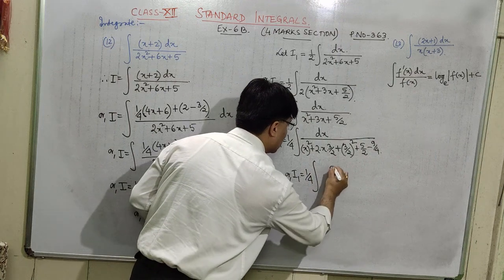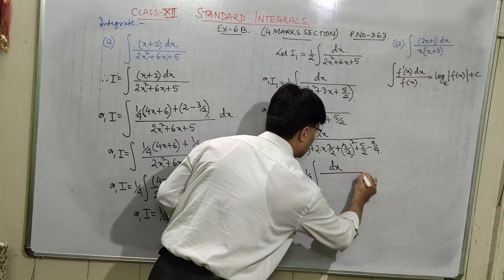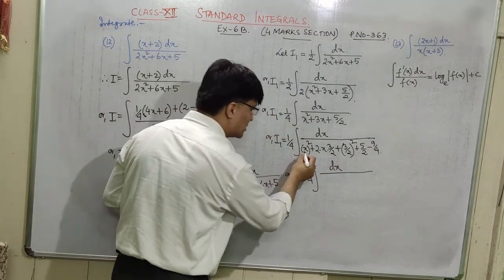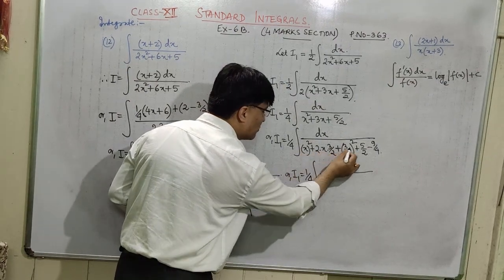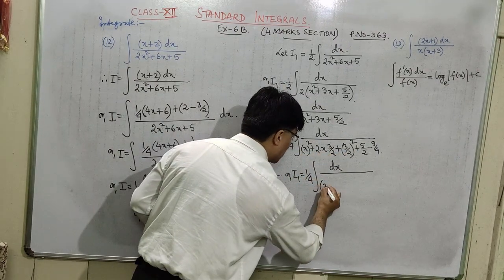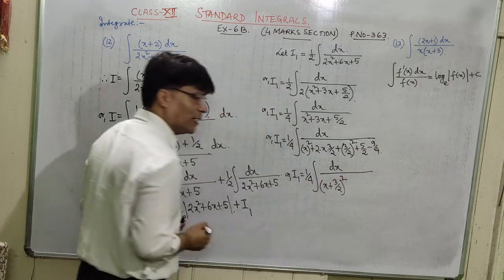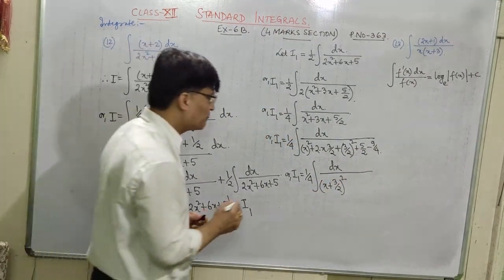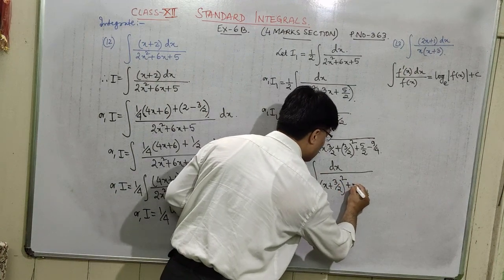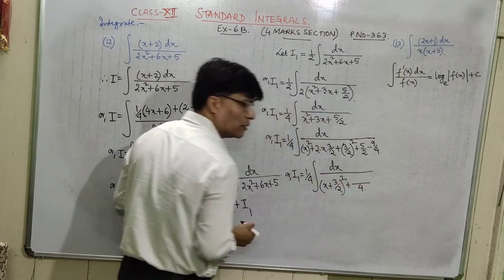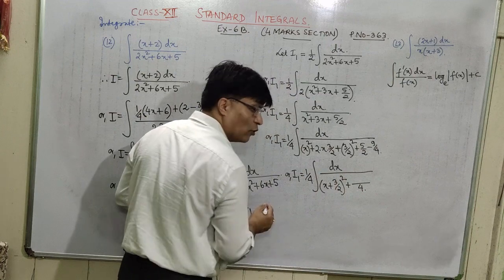1/4 integral sign dx divided by, in the denominator, a square plus 2ab plus b whole square. What is the formula? It is x plus 3 by 2 whole square. Is that clear? Next, plus, what's the LCM of 2 and 4? 4.